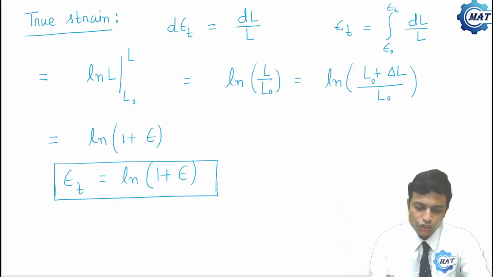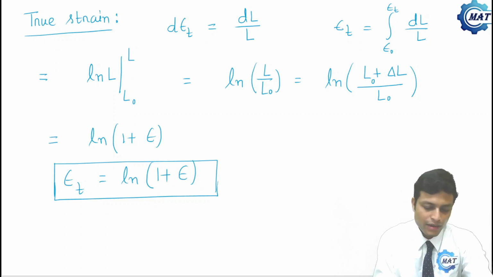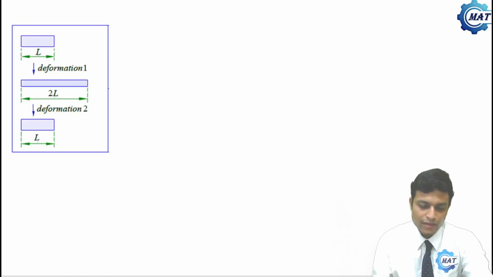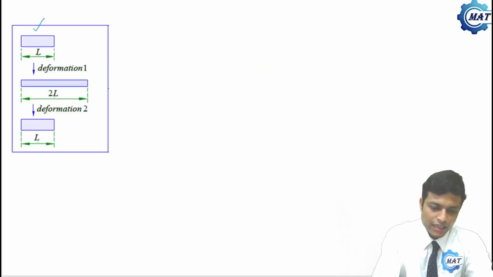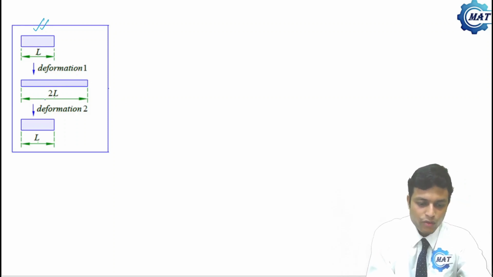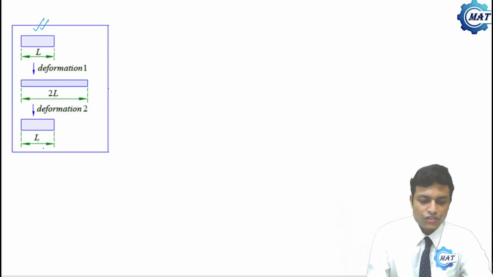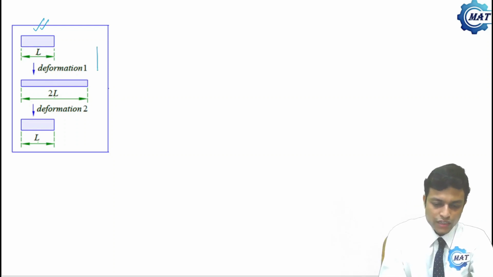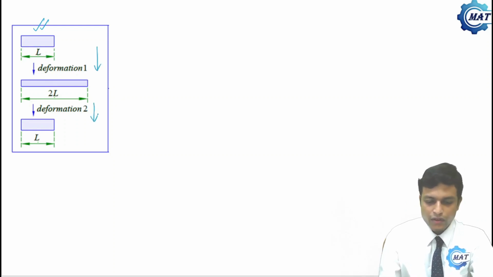Now let me show you that engineering strain gives erroneous results when there is a large deformation. With this example, this is the initial length L of the component. It is elongated from L to 2L, and further compressed back to L. So there is a two-stage operation. Let us calculate the resultant engineering strain.